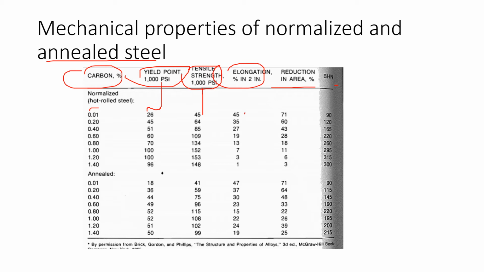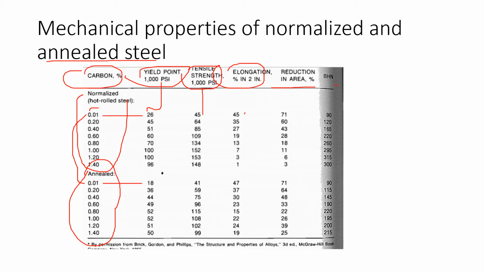This is the procedure for the normalized heat treatment, while this is the table for the annealed heat treatment. If we compare both with the same carbon composition for the mechanical properties, in this case the yield point is 18,000 psi, while in the case of normalized the yield stress is increased.